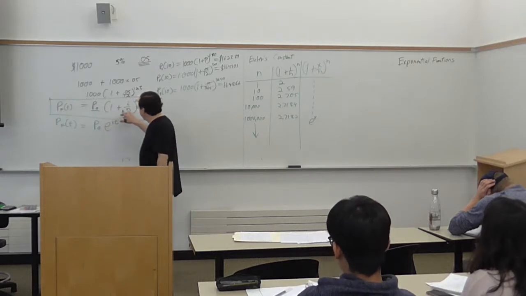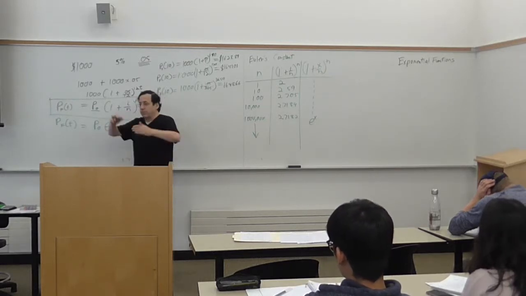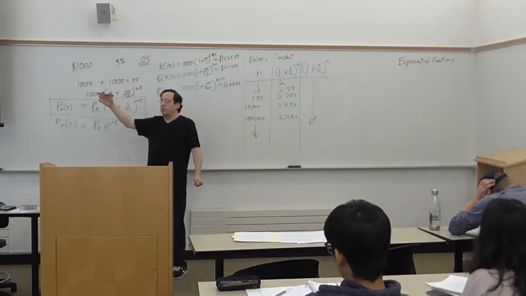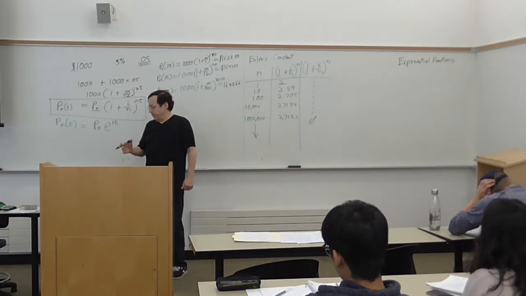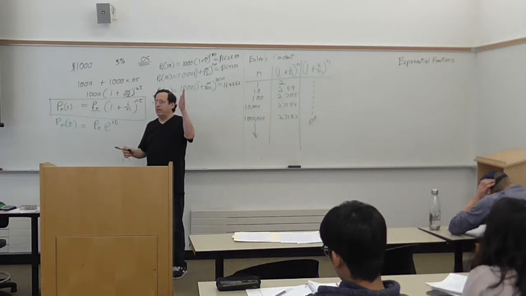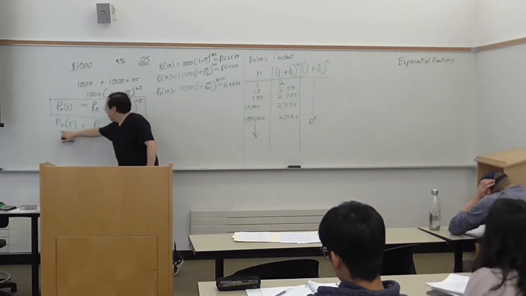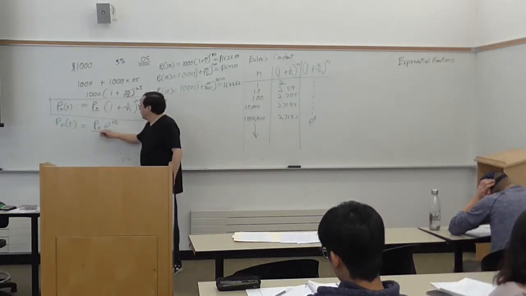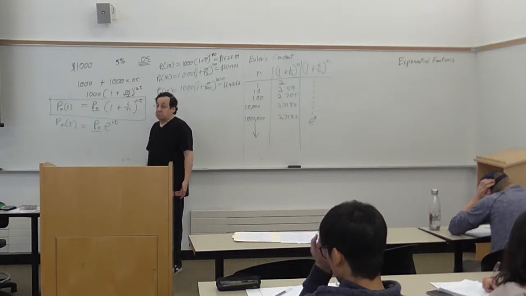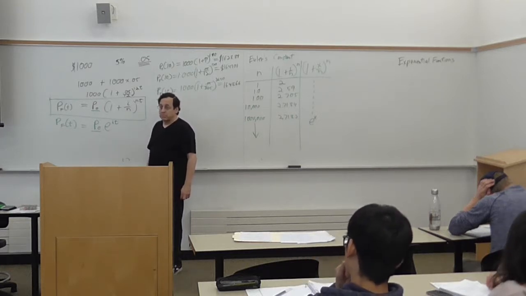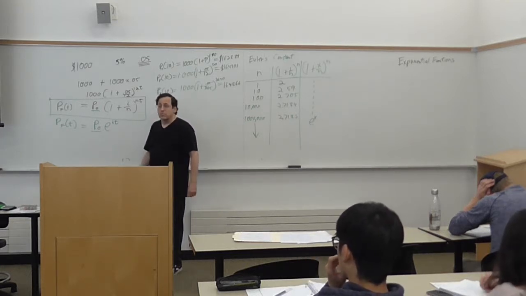But if you increase that n to where you're compounding it not just every day, but every minute, every second, every nanosecond, you end up with this formula, which is just the initial principal times e raised to the interest rate times the number of years.